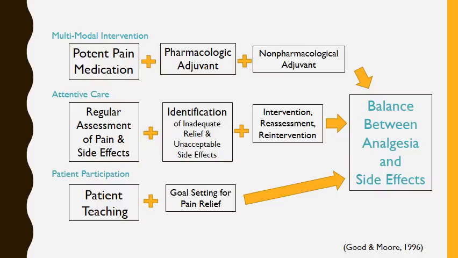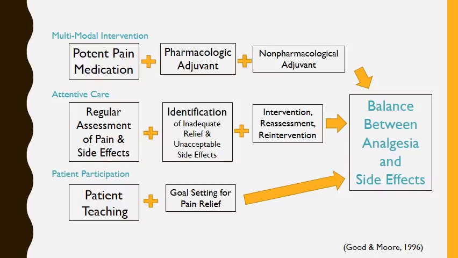With a potent pain medication, you can add pharmacological adjuncts such as NSAIDs or acetaminophen. With the opioids and non-opioid medications, the nurse can then add a non-pharmacological adjunct, such as music therapy, relaxation therapy, or guided imagery. When you put all three of these things together, under the multi-modal intervention, you have pain management and a balance between analgesia and side effects.